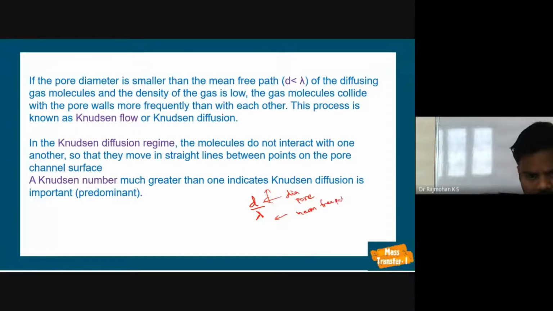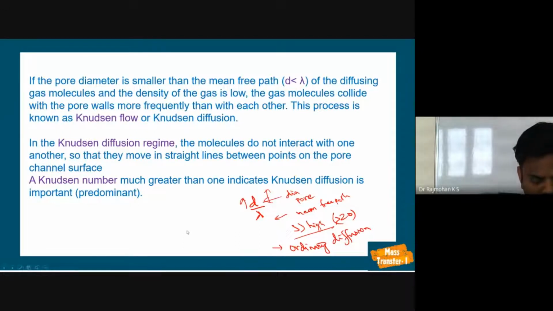When the diameter is high, this ratio is going to be high, in the range, for example, greater than 20. So ordinary diffusion is predominant, that is, molecular diffusion takes place. Ordinary diffusion is predominant.